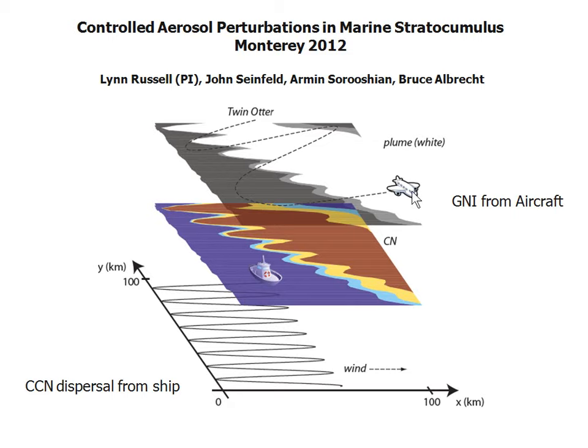Another key part is that the Twin Otter is now equipped with an FMCW cloud radar, which is very sensitive to large drops and drizzle. This will be a very useful tool in characterizing whether drizzle is being suppressed or produced, or how that's being modified.